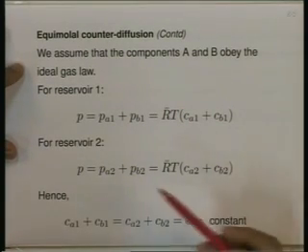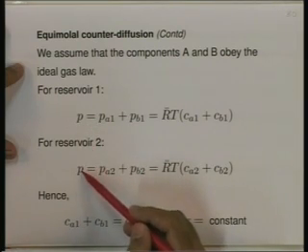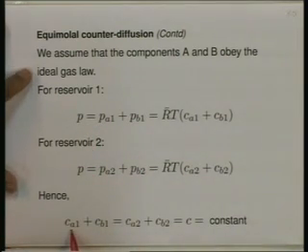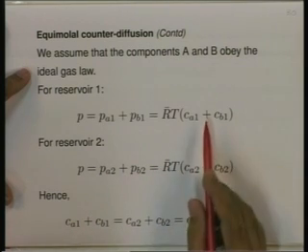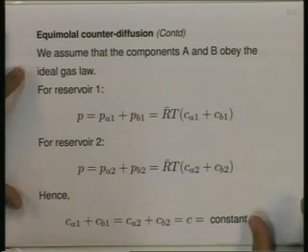Because we have assumed the same pressure in either reservoir, it turns out that Ca1 plus Cb1, that is the total molar density in reservoir 1, should equal Ca2 plus Cb2, which is the total molar density in reservoir 2, which is C, which should be a constant.